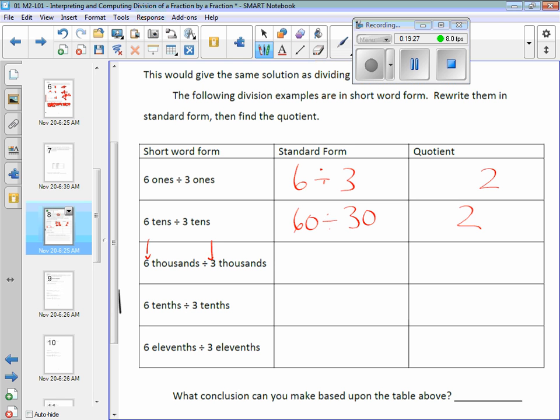6,000 is how much? And 6,000 divided by 3,000. You guys know the zero trick? 3 zeros divided by 3 zeros, you cross them out. Did you learn that? 6/10 is what fraction?